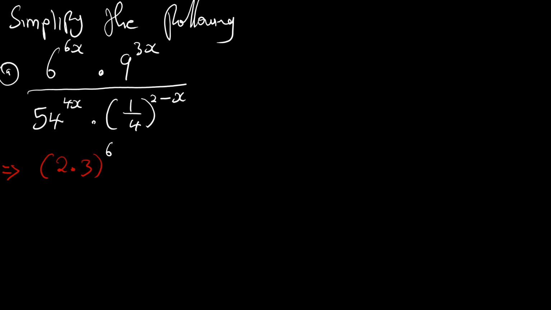That is 6 to the exponent of 6x multiplied by. When you come to 9, we need to write it as 3 multiplied by 3, which is the same as 3 squared. 3 is a prime number, so this is how we must express 9, to the exponent of 3x, and then divided by 54.